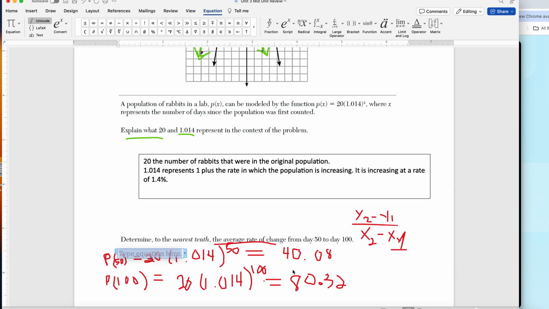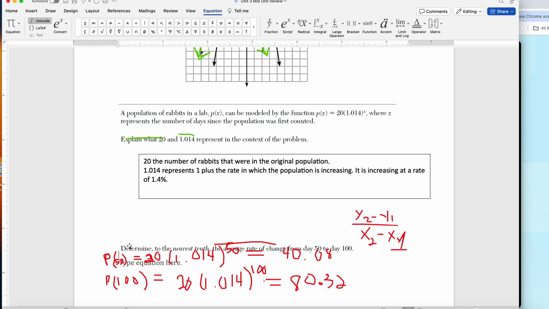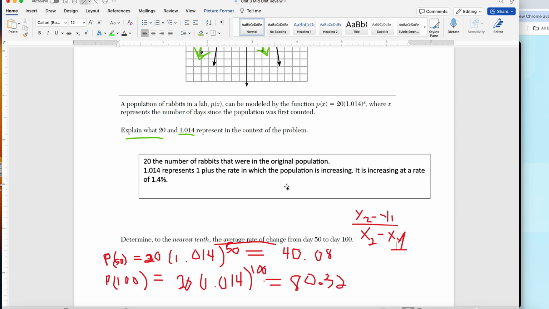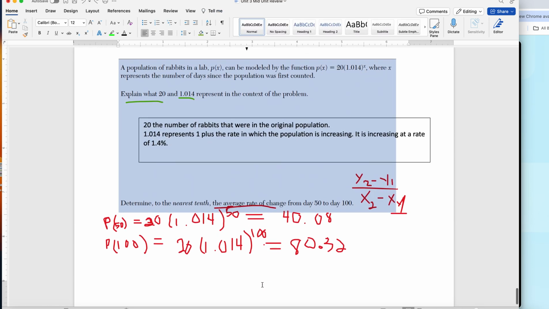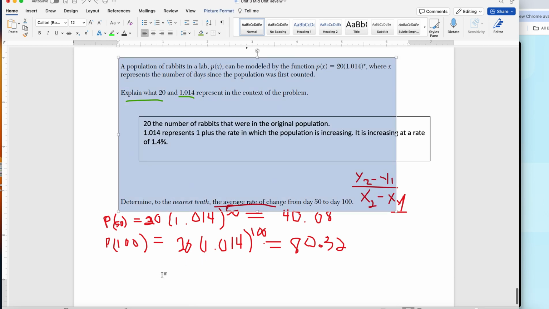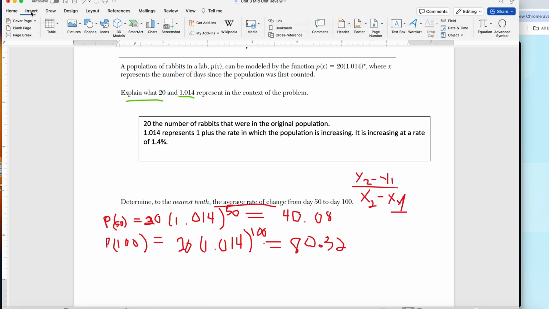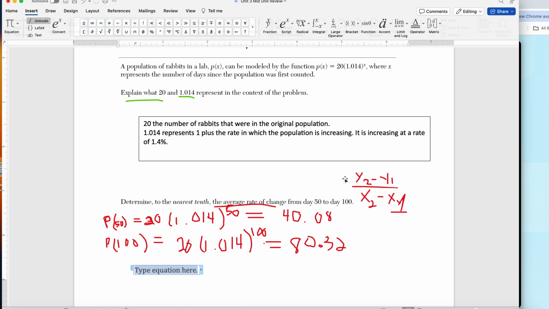Okay, I'm going to move this over here, move down a little bit. Insert the equation here. It's easier for me to write it as an equation.